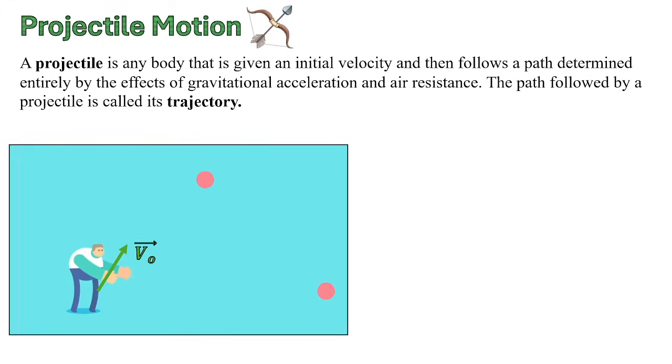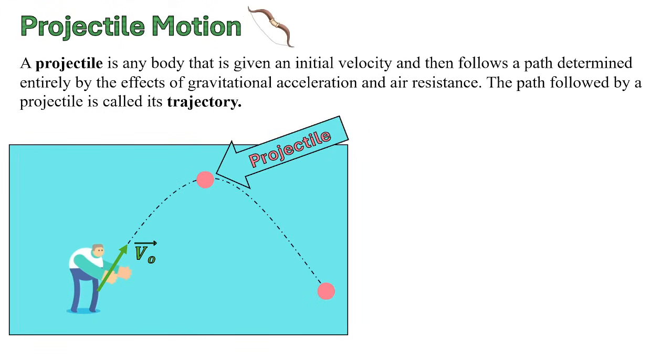Our second case of free fall involved an initial velocity. That is also true for our projectile motion. This is your projectile, and this is the trajectory. This is a very simple figure for our projectile motion.